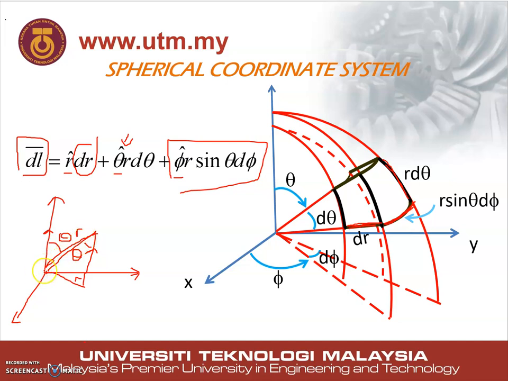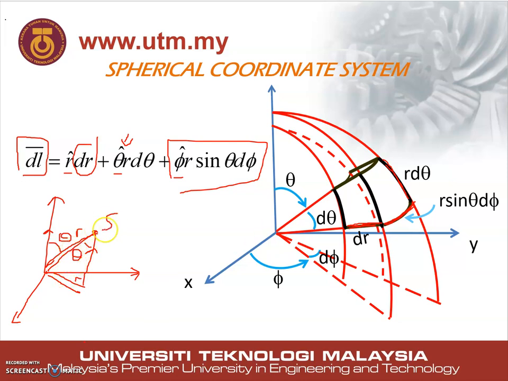The radius from the origin to here, this is the radius. So let's say we want to know this length. Recall from your trigonometry, sine theta equals opposite divided by the hypotenuse.